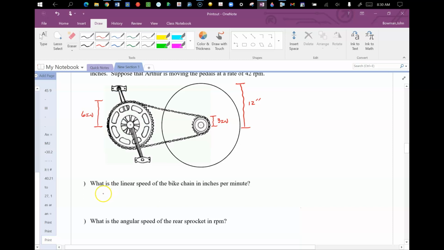So again, S is equal to R theta, or V is equal to RW. So we're going to use that V is equal to RW formula.